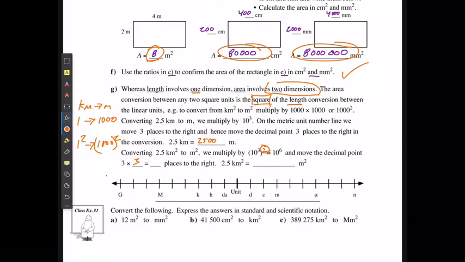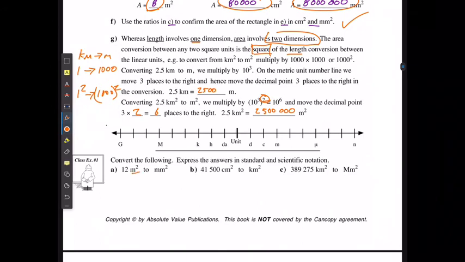Which means that I'm moving 6 places to the right in this case. So 2.5 kilometers squared is going to be 2,500,000 meters squared. So I multiply it by whatever the unit conversion is squared, or the unit conversion times the unit conversion again.